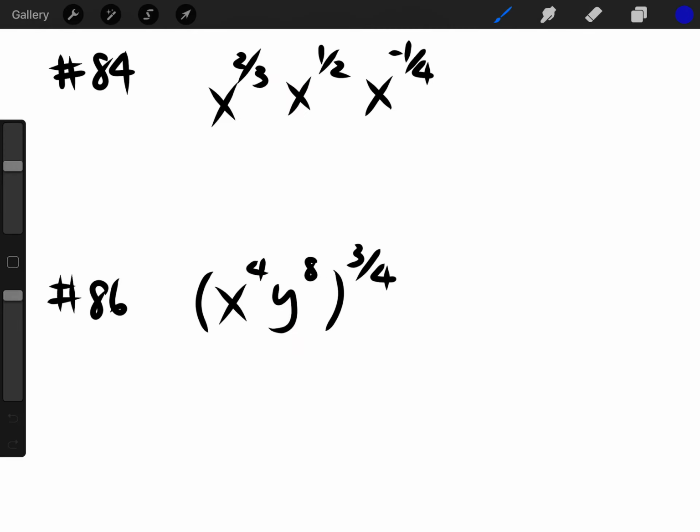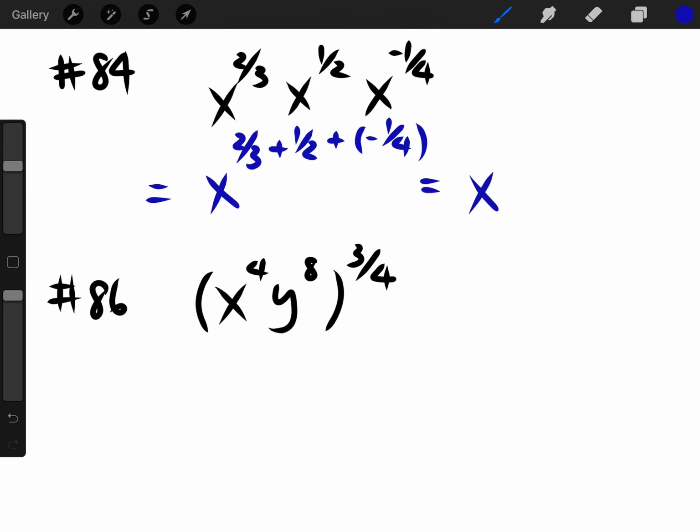All right, so number 84. If you multiply them, you're going to have to add the exponents. So this time it's going to be a bunch of fractions adding each other up. Okay, so you're adding a negative, so you're going to have a subtraction there. All right, so you're going to have to find a common denominator, or I should call it the least common denominator.